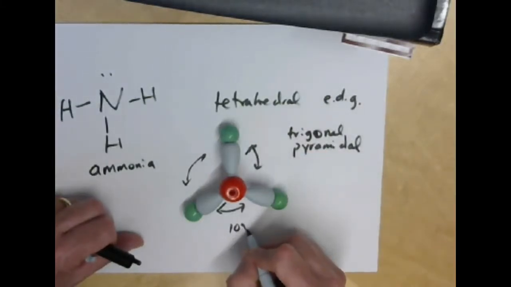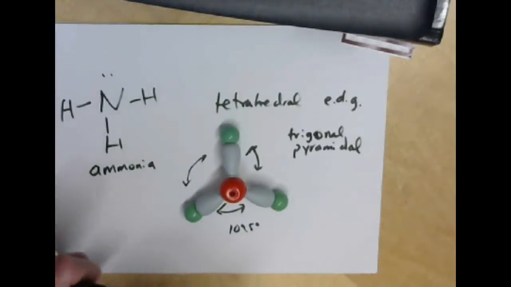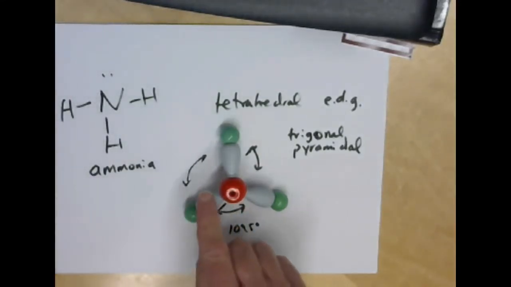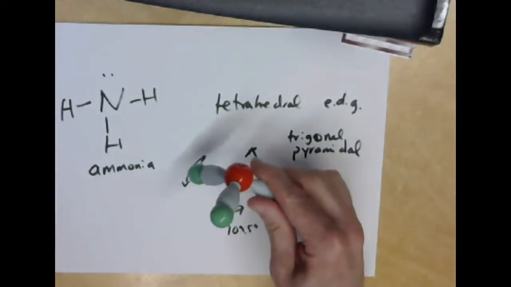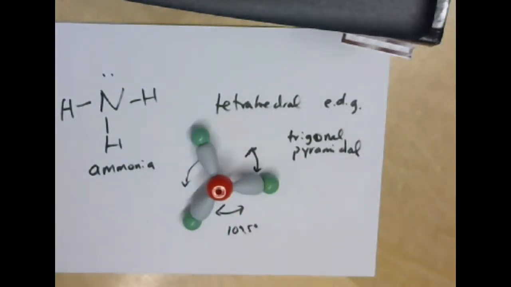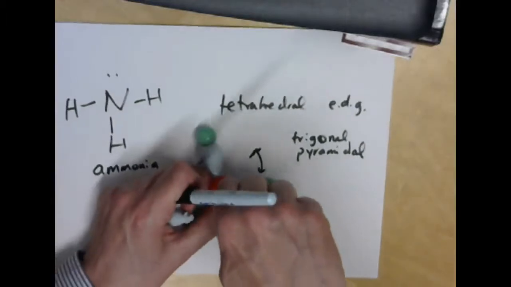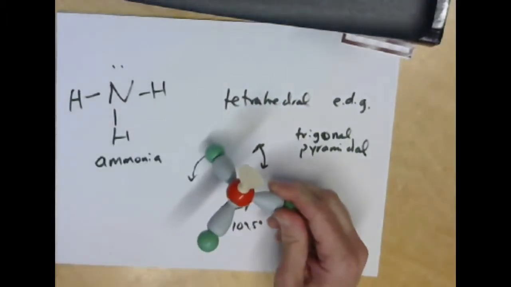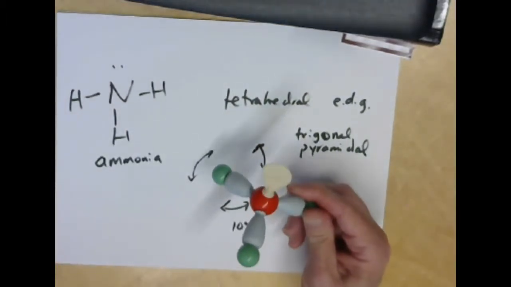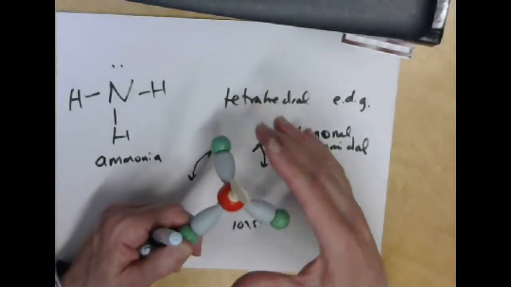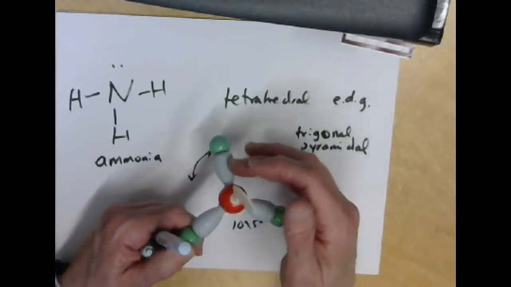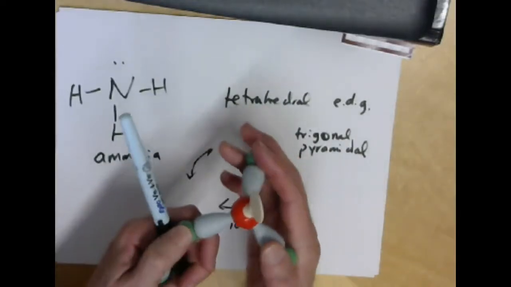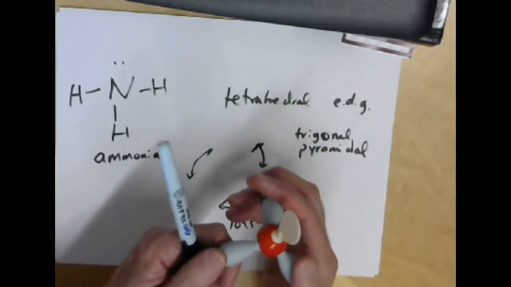Those bond angles are ideally 109.5, but we've got a non-bonding pair of electrons on this molecule. If this helps you to see it a little better, I'll use that little doodad to represent a non-bonding pair of electrons. It's actually pushing away. It's got a greater repulsive force than do the electron domains that are in the single bonds. And so it uses this highly technical term of squoosh.